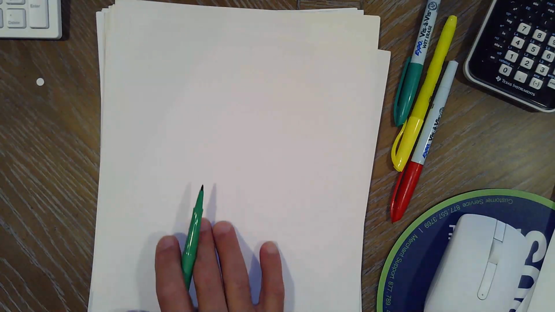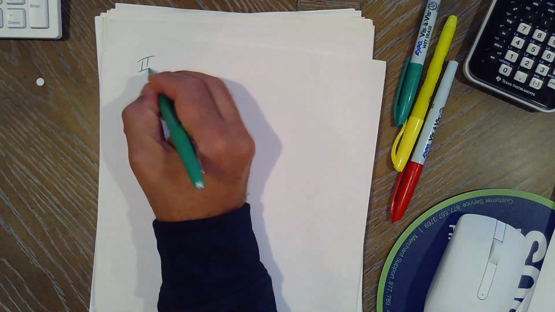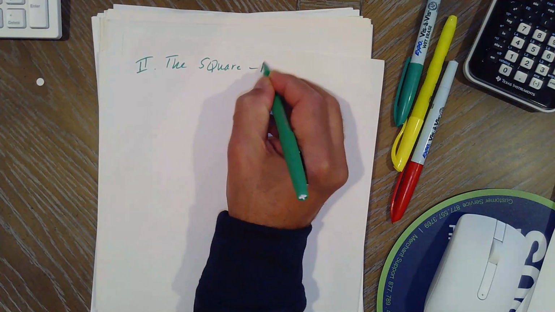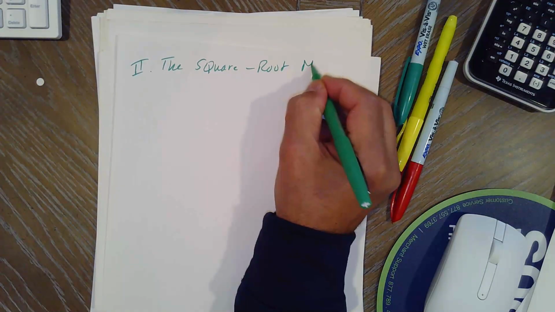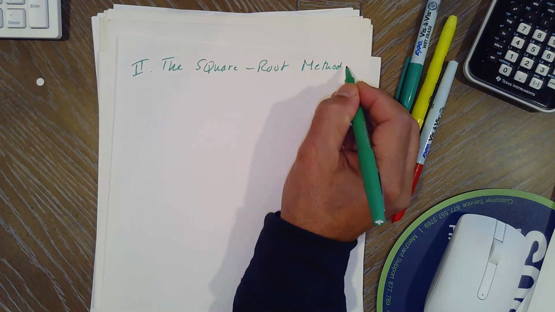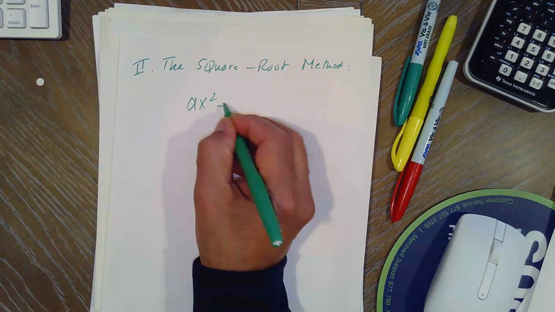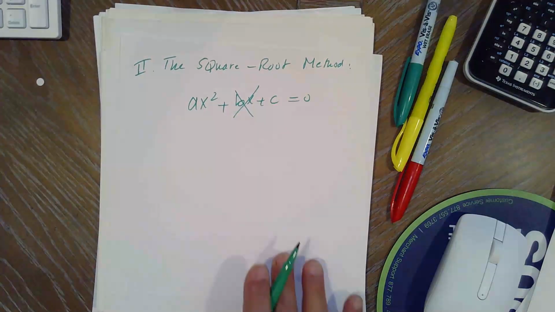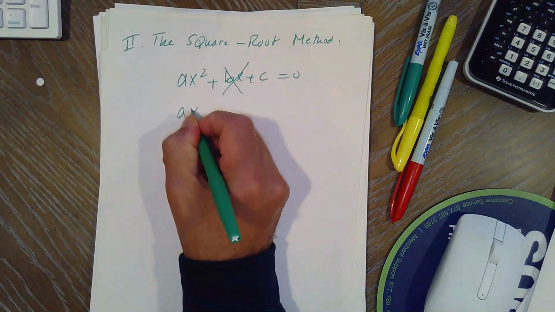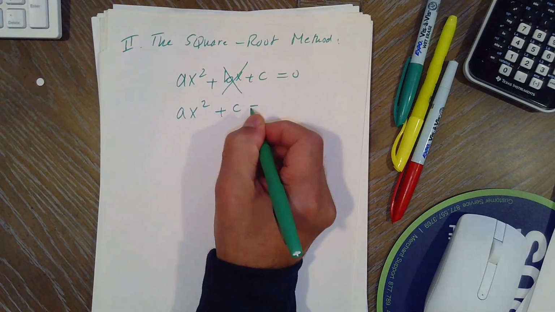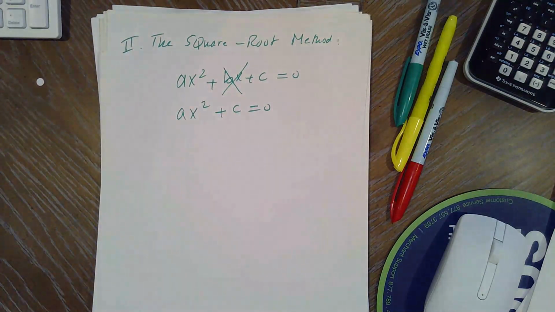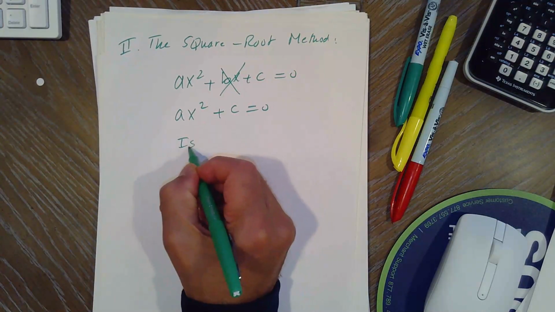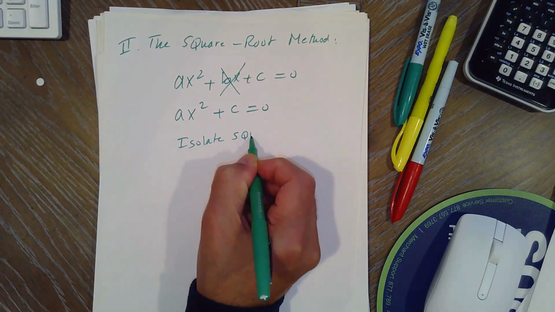The second method is called the square root method, which may be used if there is no middle term. If you look at the quadratic equation and it doesn't have the middle term, if it has x squared and a constant c, then to solve by the square root method you isolate the square term.